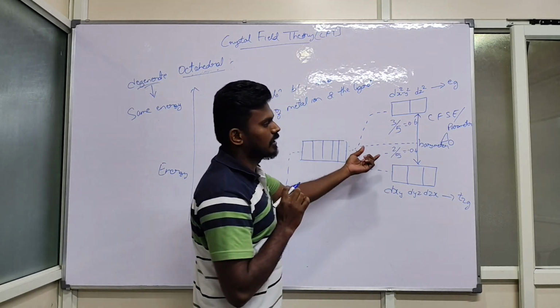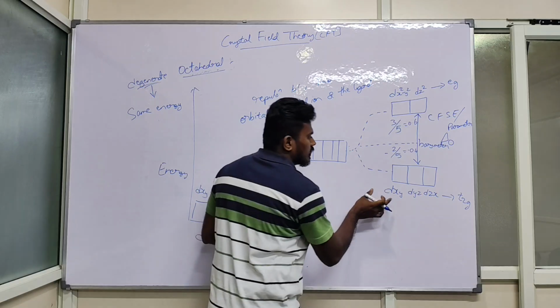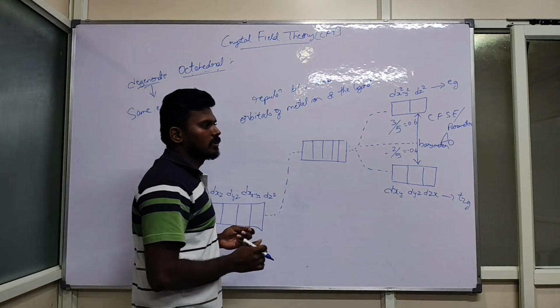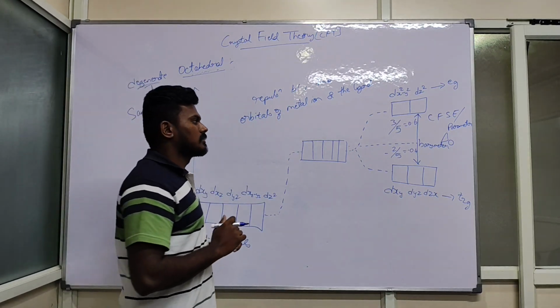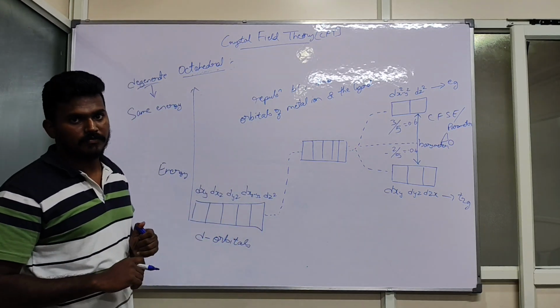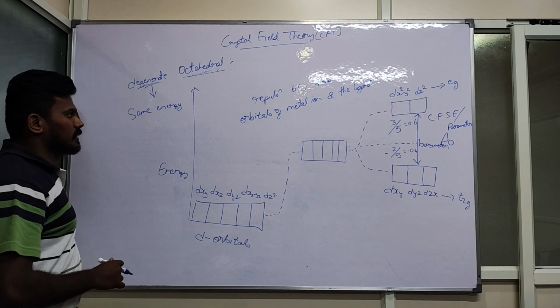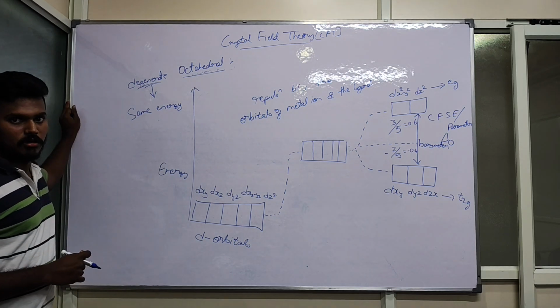Why have we taken minus here? Because the electrons approaching these T2G orbitals will have a lower energy and hence are considered as negative values. Clear? So now this is about the crystal field theory in the octahedral geometry.